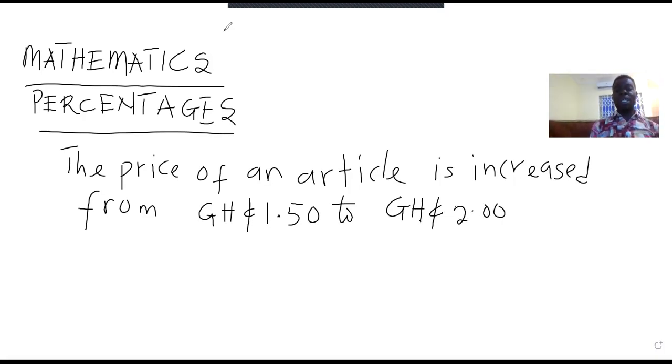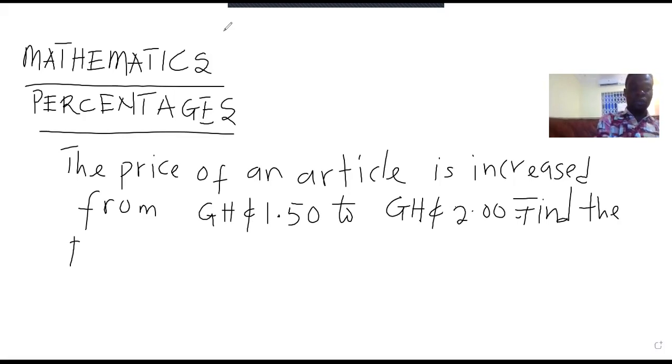The price of an article is increased from 1.50 Ghana cedis to 2 Ghana cedis. And you are being asked to find the percentage change in price.